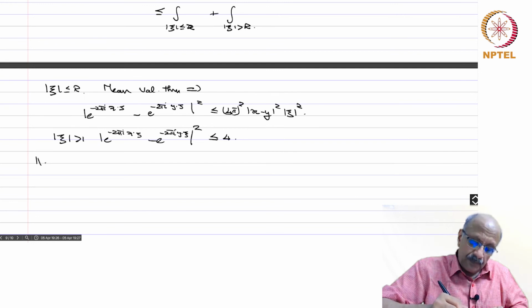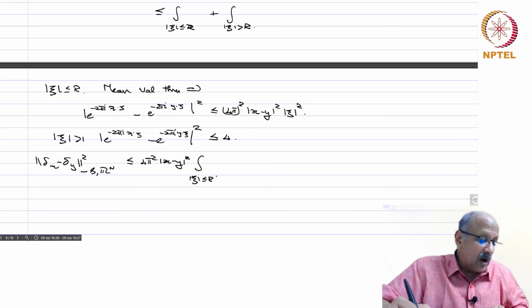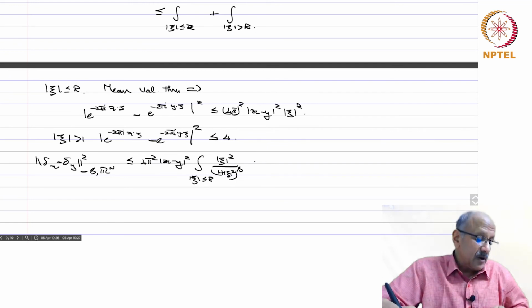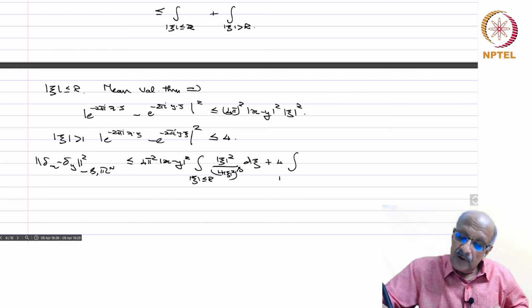So we have the norm of delta x minus delta y squared in H to the minus s of R^n is less than or equal to 4 pi squared mod x minus y squared times the integral over mod xi less than or equal to r of mod xi squared by 1 plus mod xi squared to the power s d psi, plus 4 times the integral over mod xi bigger than r of d psi by 1 plus mod xi squared to the power s.